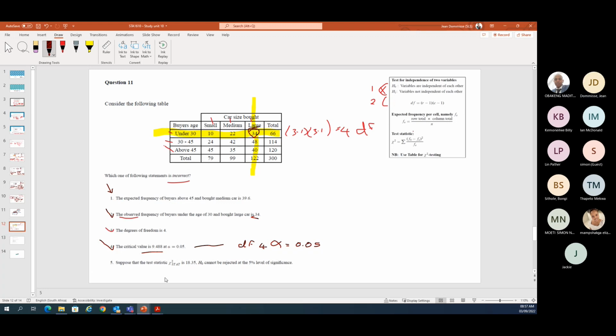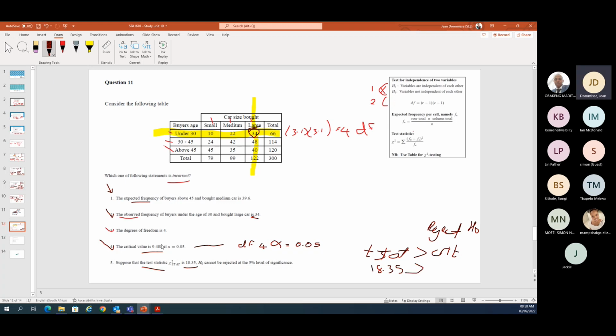Okay, then before we do that, if the T-stat is bigger than the critical value, we reject the null hypothesis. Okay, suppose that the T-stat is 18.35.